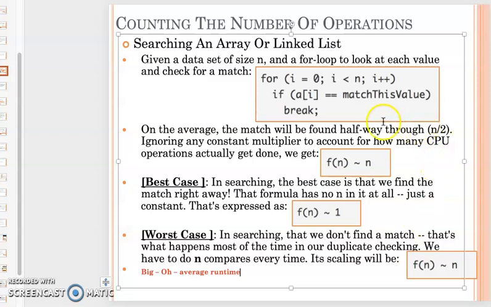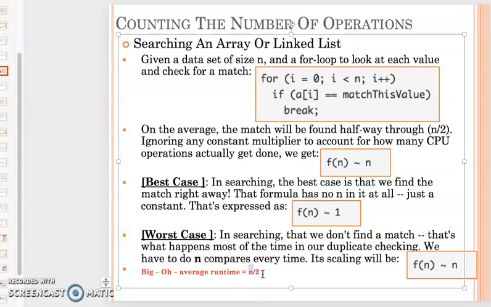So whenever you see a for loop, our best case is 1 and our worst case is n, so the average case is about n divided by 2. When we use big O notation, we only care about the exponent of n here, because half n or n doesn't matter.